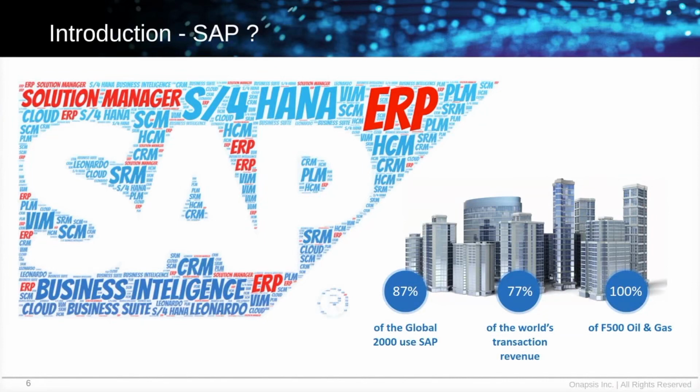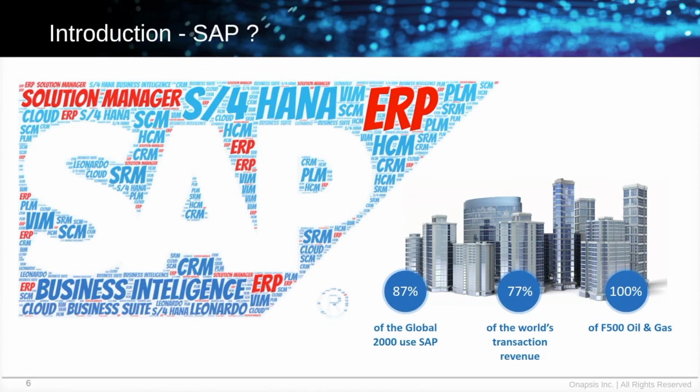What's SAP? For sure, if you have ever discussed or talked about enterprise software, you have already mentioned SAP once in your life. The reason is that SAP is one of the largest vendors, if not the largest one, in the world of enterprise software. On the left side of the slide, you can see some of the products of SAP, and you may recognize some of them.